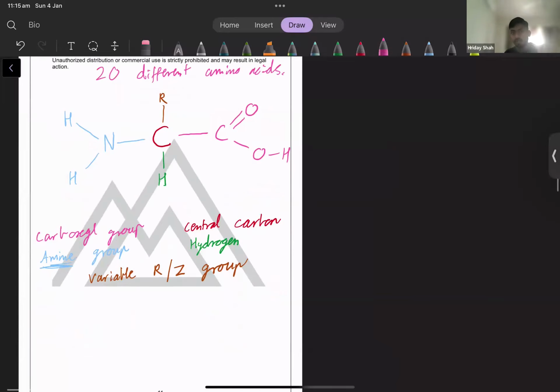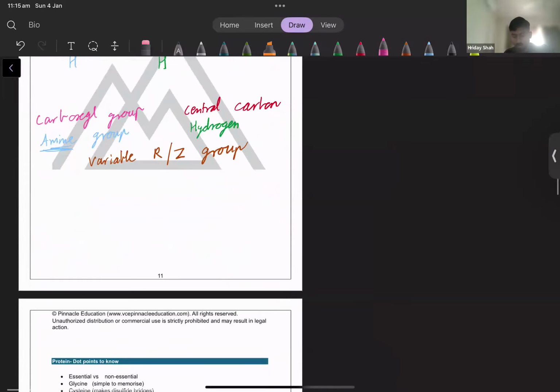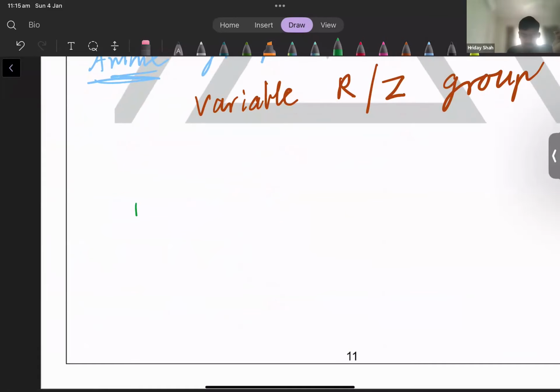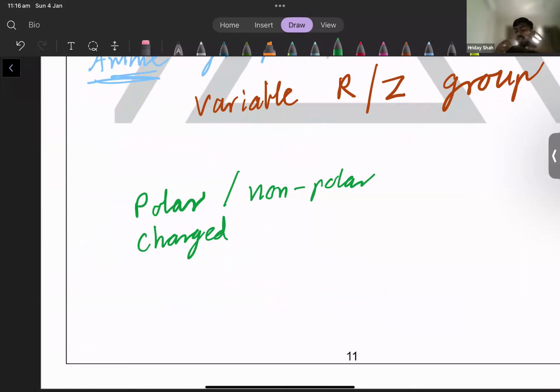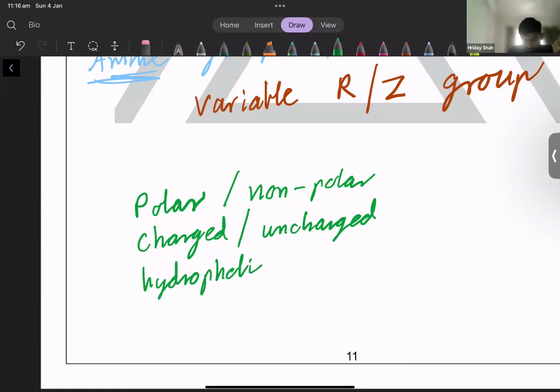Now, hopefully you know a few descriptive words from Unit 1 and 2, and we did cover some of them in the revision, words like polar or non-polar, charged, quite literally, does it have an electrical charge or is it electrically neutral? Uncharged, hydrophobic, hydrophilic.